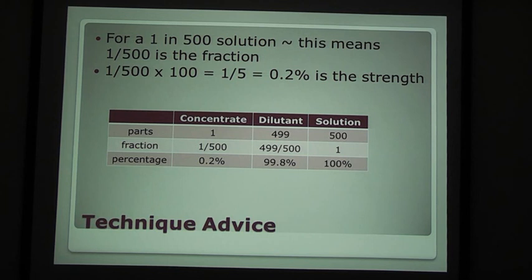That automatically means that the diluent was 499. You then can work out the fraction to be 1 over 500 and 499 over 500, and then the solution is 1. And you can then work out the percentage. So the concentrate is 0.2%. So this solution is 0.2% strength.